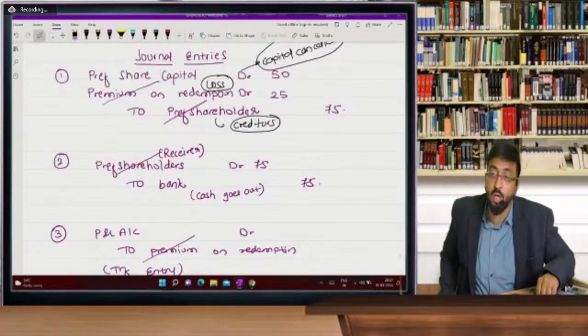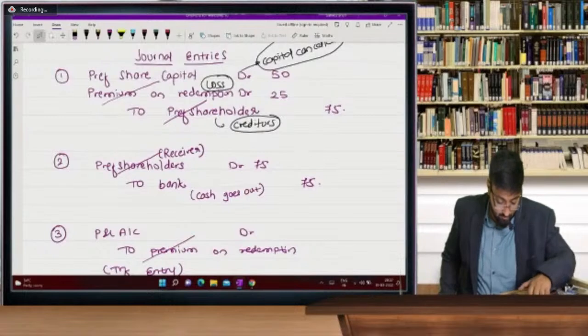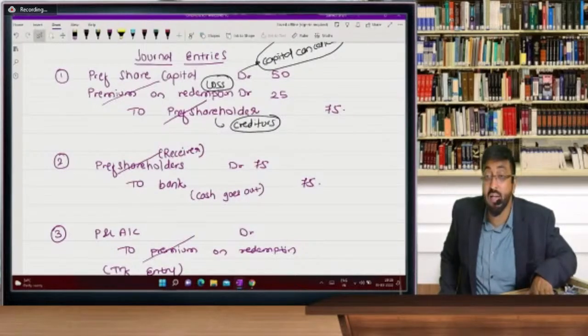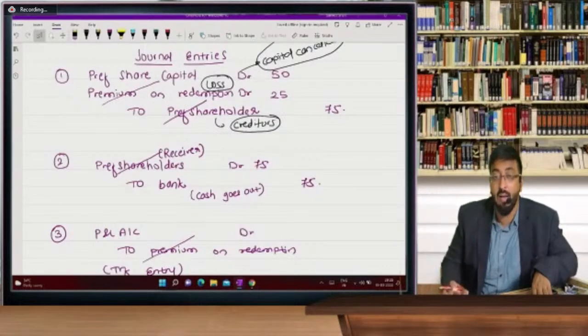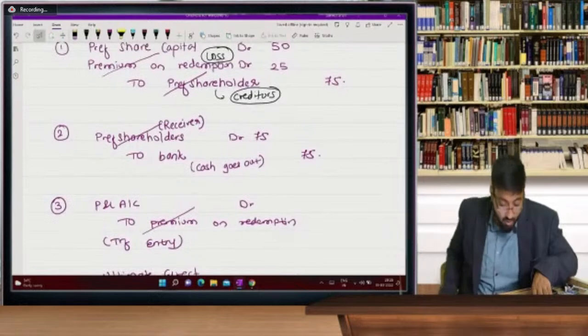Preference shareholder to bank. But all these entries are passed on the last date. All these entries are not on the first day. This is on redemption date. Preference shareholders to bank and P&L to premium on redemption.